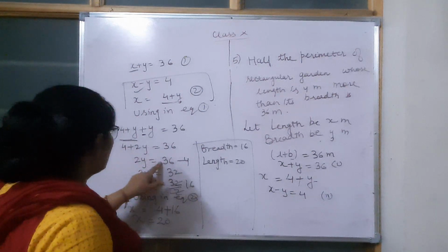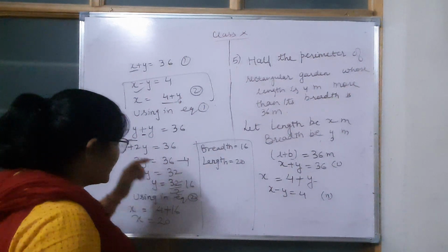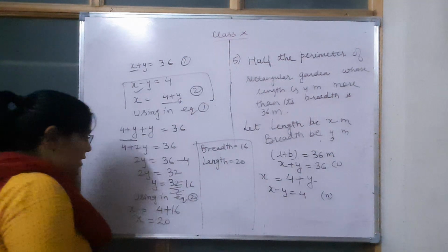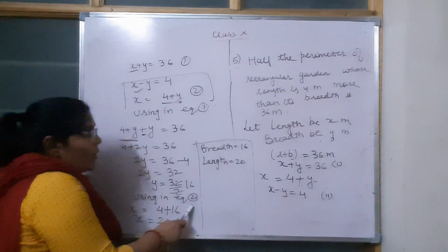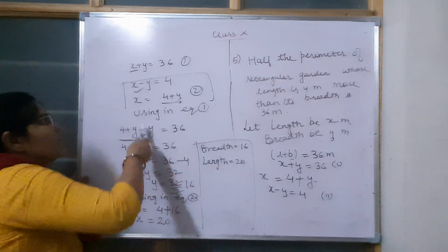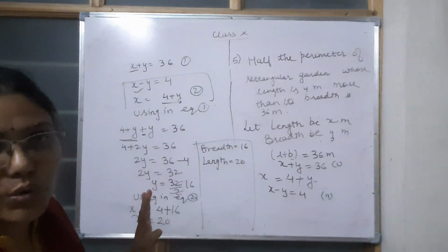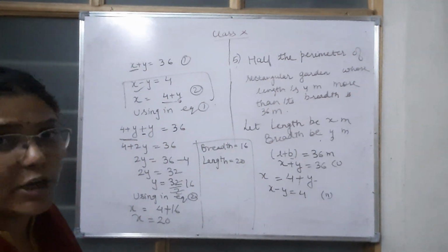Now 2y is equal to 36 minus 4, 2y is equal to 32, y is equal to 32 upon 2, which is actually 16. Now we will use this in equation 2. We have calculated the value of y as 16. Wherever you want to use the value of y, you'll get the value of x.